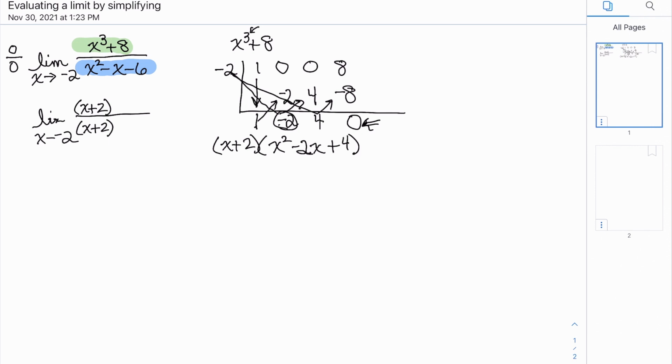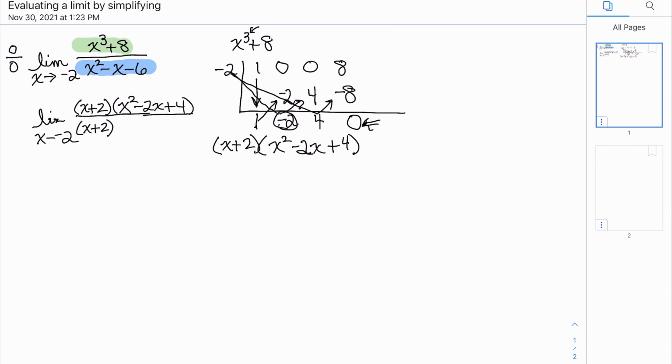So that x squared minus 2x plus 4 is the other factor of the numerator. And specifically, this example is a video because x cubed plus 8 isn't the easiest thing to factor, and it's nice to know that we can get that other factor using synthetic division.